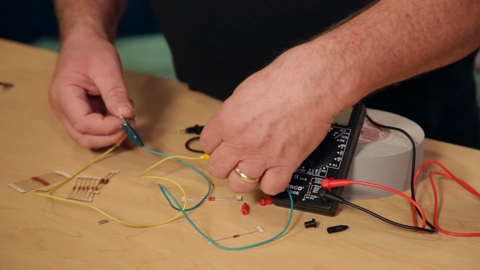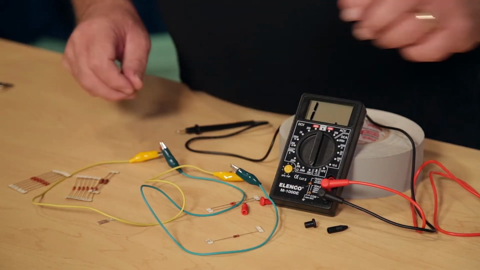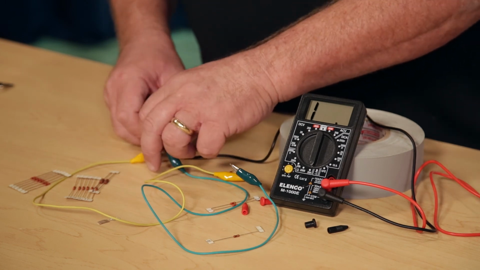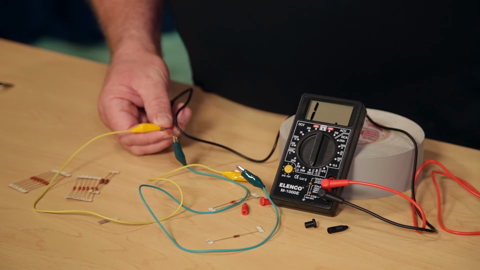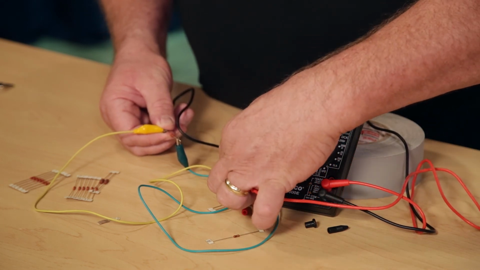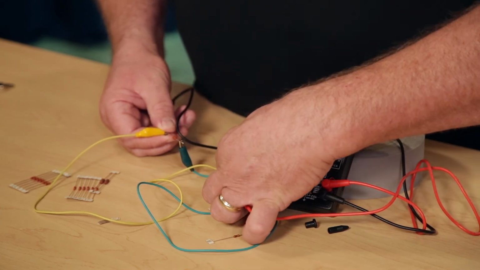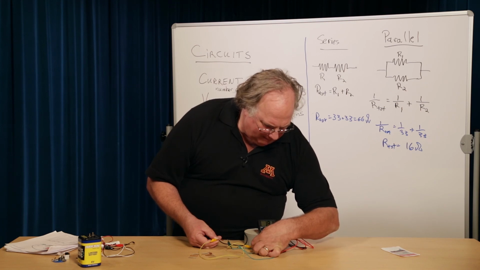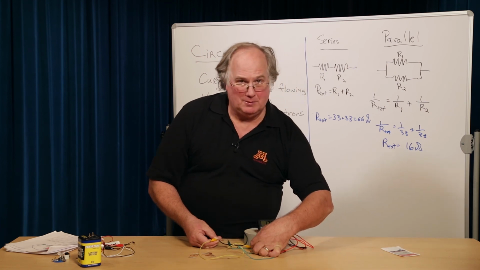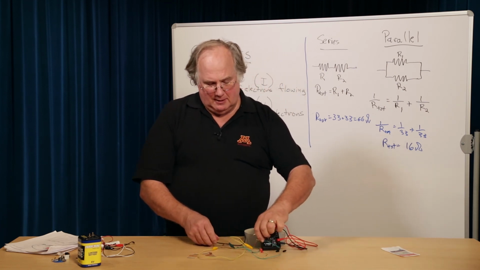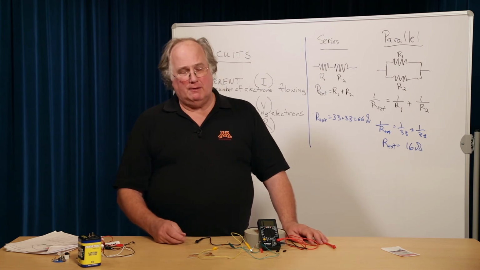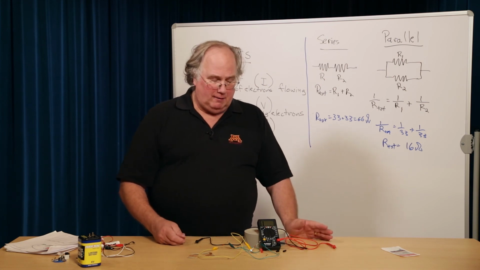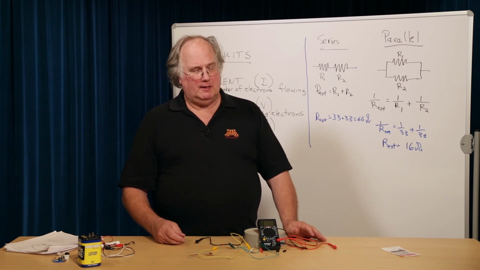Now my circuit has gotten quite messy here, but I think I got it under control. So I'll take one probe connected here, the other probe connected over there. 17.2 ohms, which is pretty close to 16. So you see, you do get a very different answer if you connect things in parallel than in series.